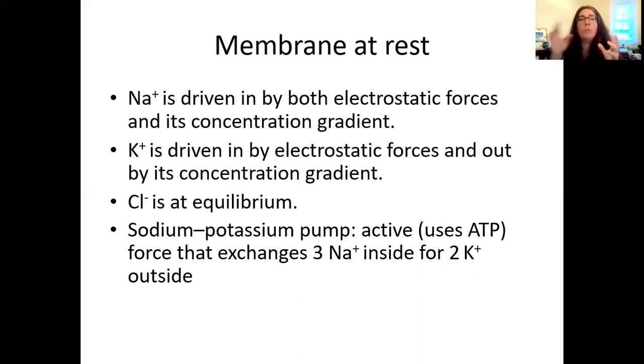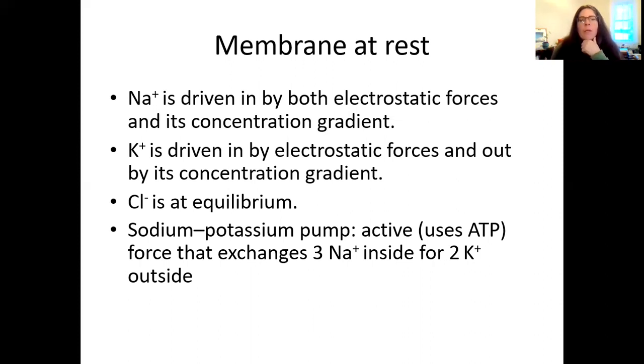It takes energy to move these ions inside and outside of the cell, but it's continuously moving 3 sodium ions out of the cell and 2 potassium ions into the cell. Okay, so those bits of sodium that get in the cell are being removed by the sodium-potassium pump.